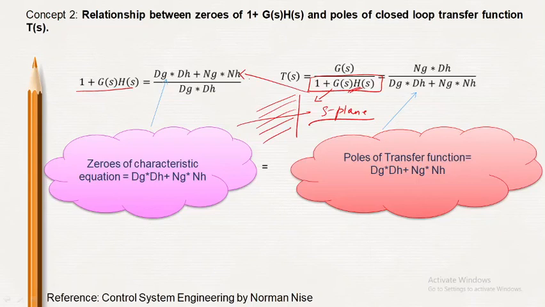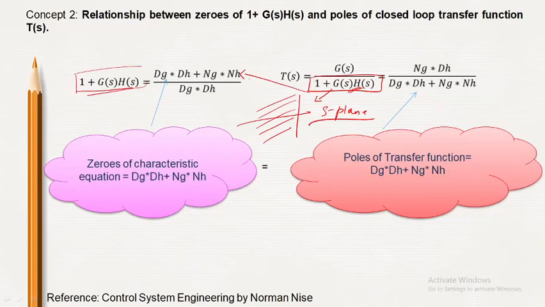So when we discuss the Nyquist criterion, students sometimes forget why we are finding the zeros and not the poles of the system. Actually, what we are finding in the Nyquist stability criterion are the zeros of 1 plus G(s)H(s).